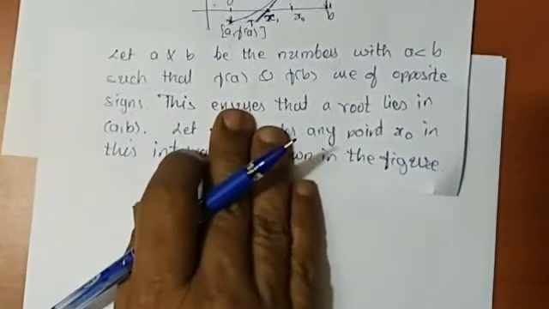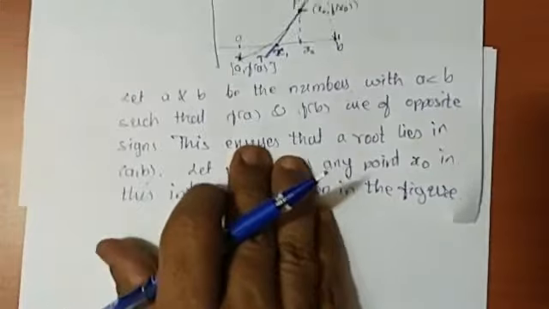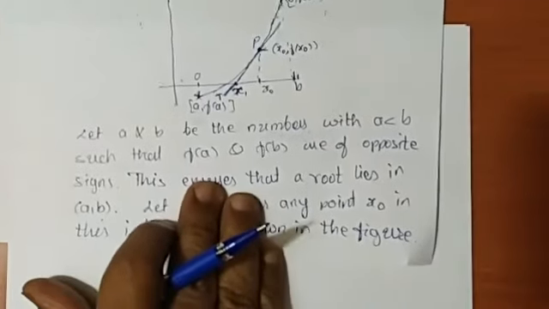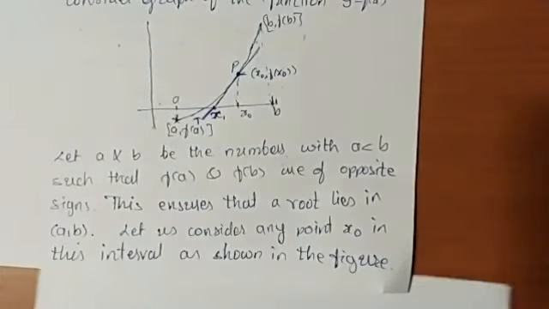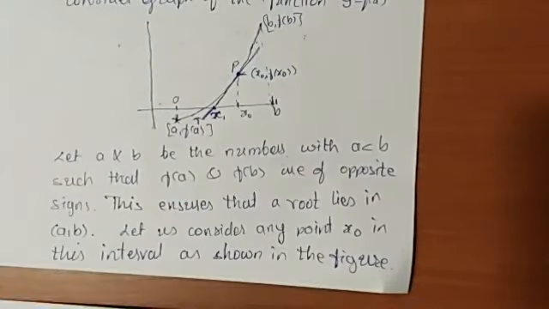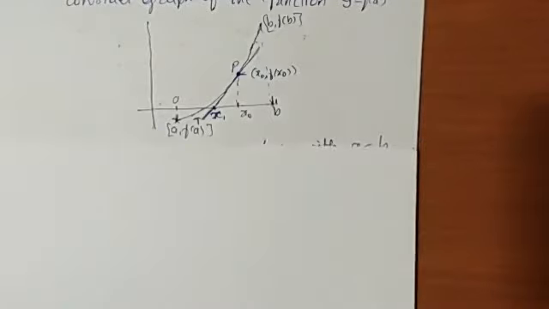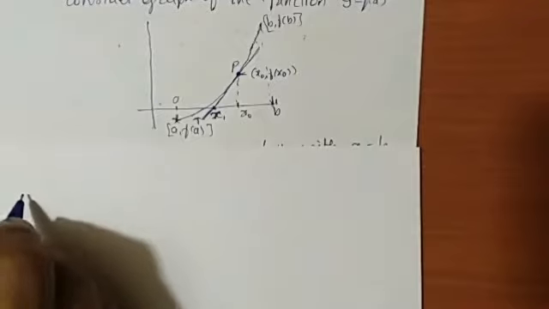Now, I consider this figure, I keep it for my reference, because this figure is required. Now I draw the tangent PT at x naught, f of x naught.